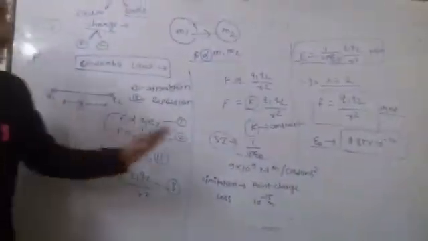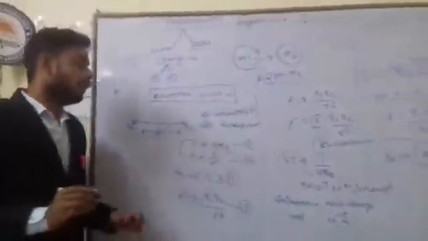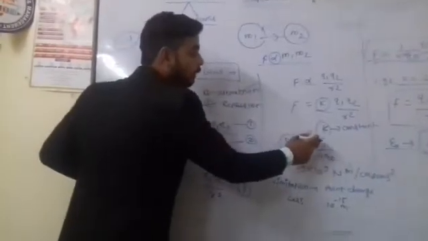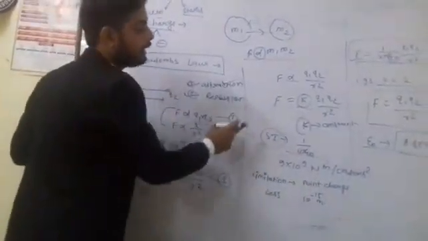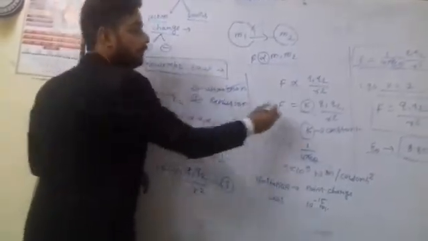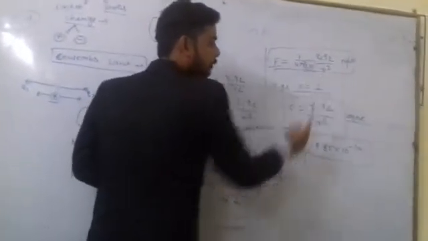That means we have to put this value in place of epsilon naught. So in the SI system, F is equal to 1 upon 4 pi epsilon naught q1 into q2 upon r square.